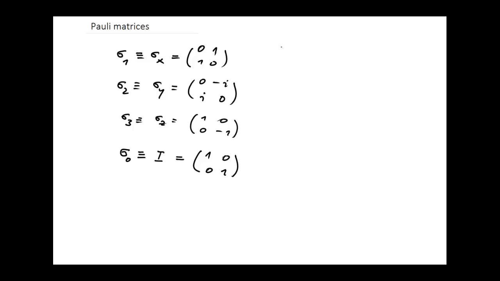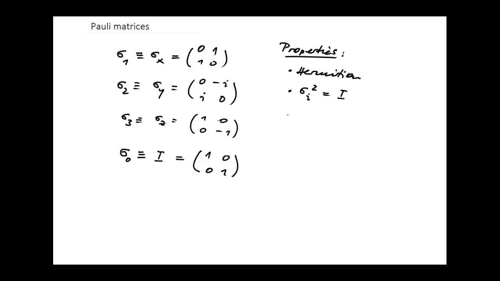Some basic properties: all of these matrices are Hermitian. All of these matrices, when you take the square, give the unit matrix. When you multiply two Pauli matrices, sigma i and sigma j, then you get the sum over k going from 1 to 3.